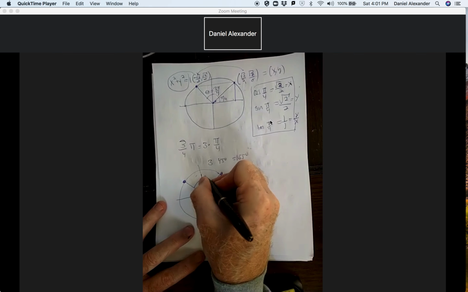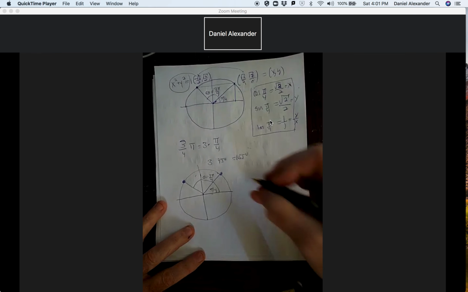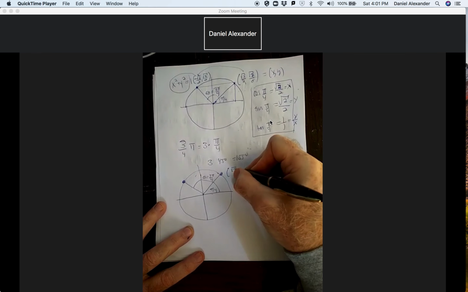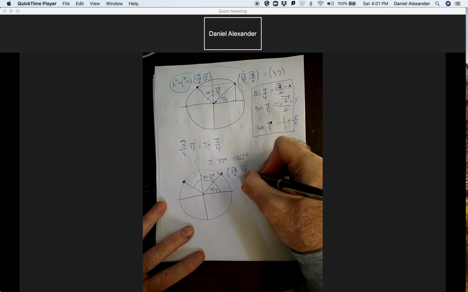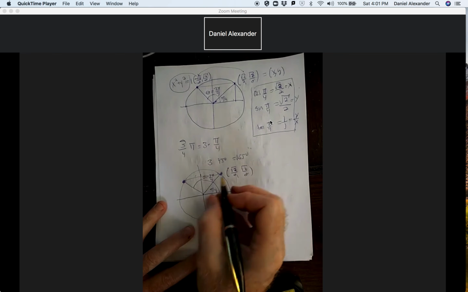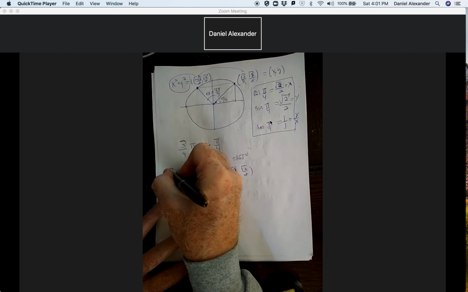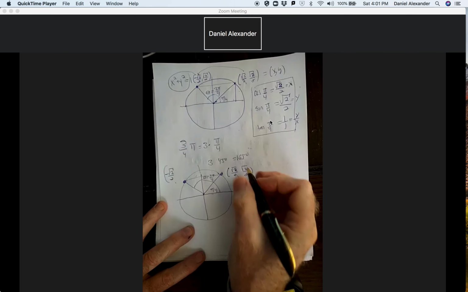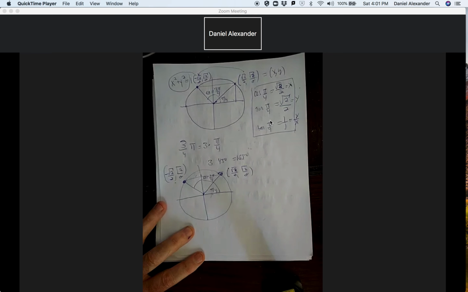That's theta equals 3 pi over 4. This is square root of 2 over 2, square root of 2 over 2. This is the same distance, but in this direction, so this x-coordinate over here is negative. It's just a reflection across the y-axis of the point, and the y-coordinate is the same.